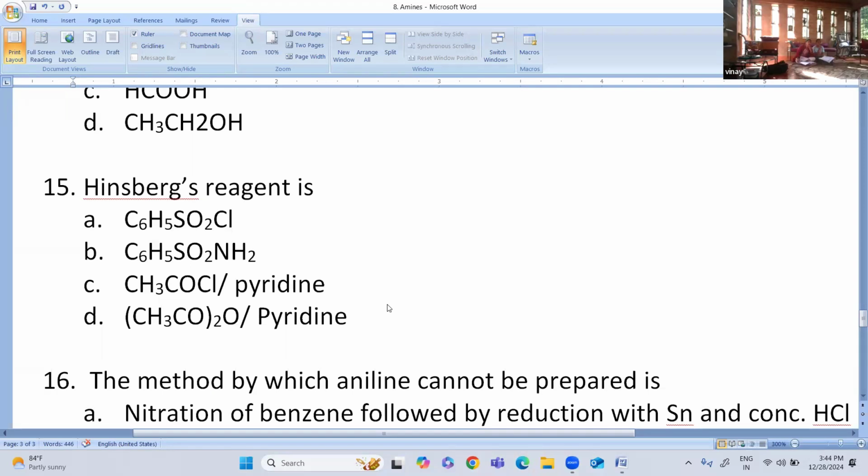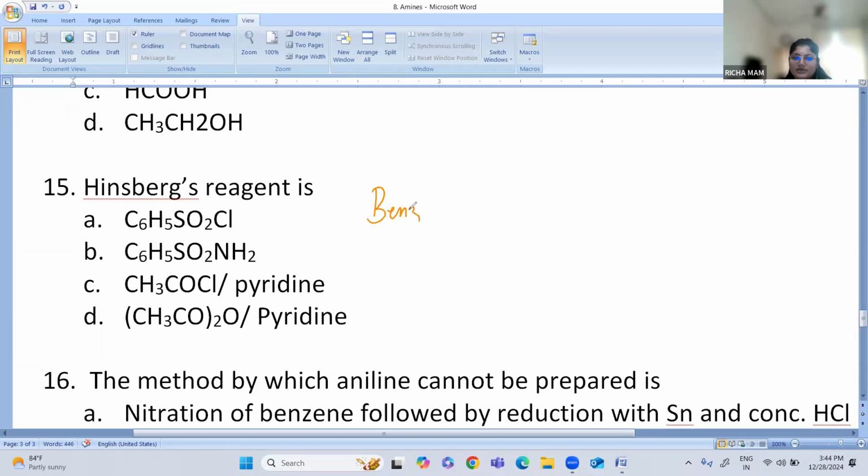Which is the Hinsberg reagent, students? Benzene sulfonyl chloride. Very important, mark it, write it out. Which is the Hinsberg reagent? Benzene sulfonyl chloride.